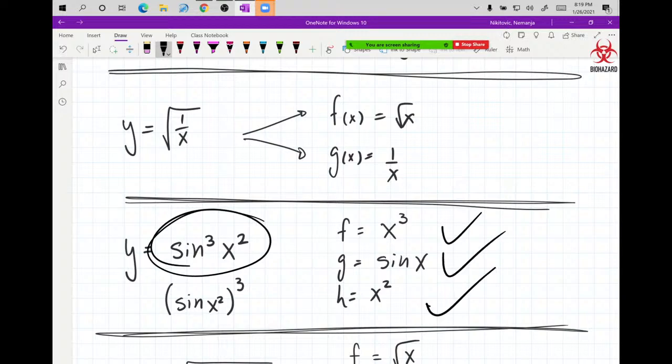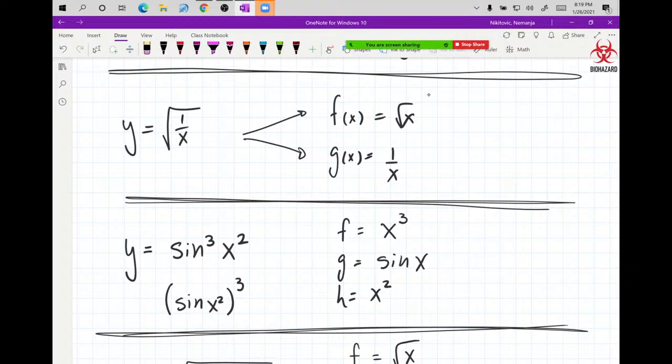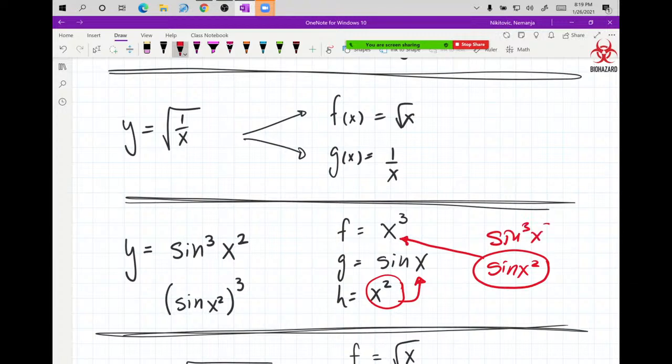That's 3 functions combined together. And you can follow the chain: this x squared, which is the h function, you stick it in there and you get your sine of x squared. Then you take the whole thing and stick it in there and you get your sine cubed of x squared. So this function is a composition of 3 functions.